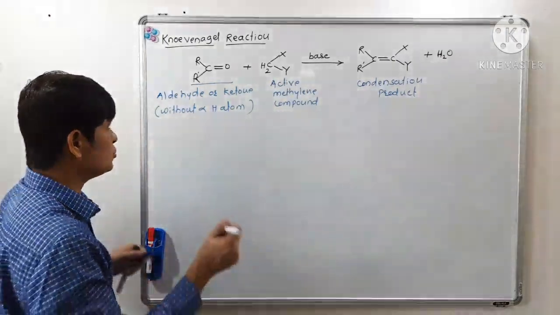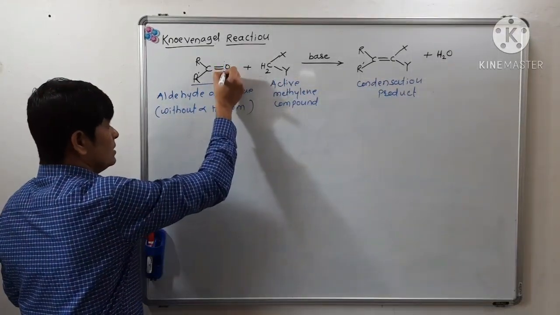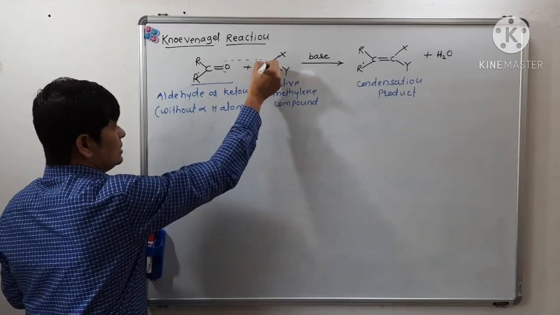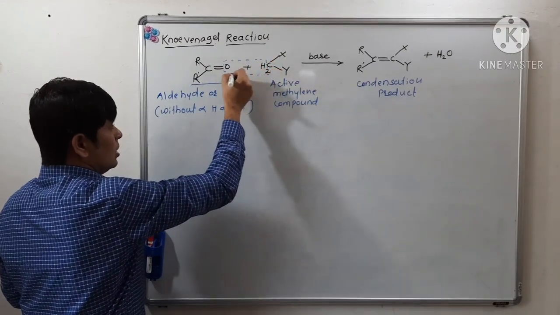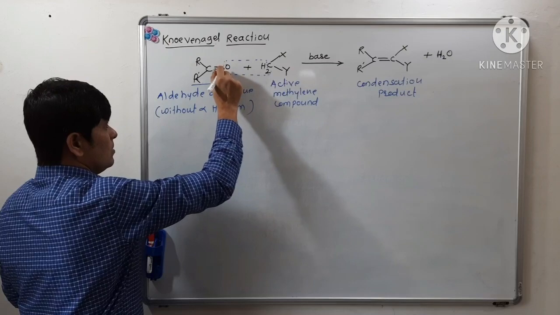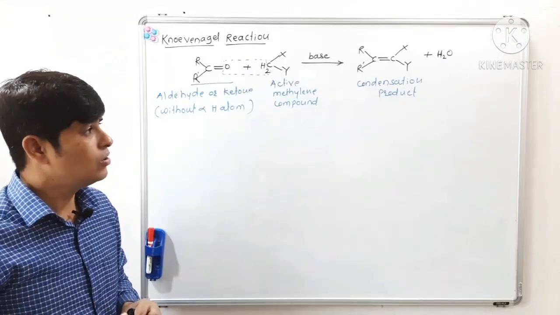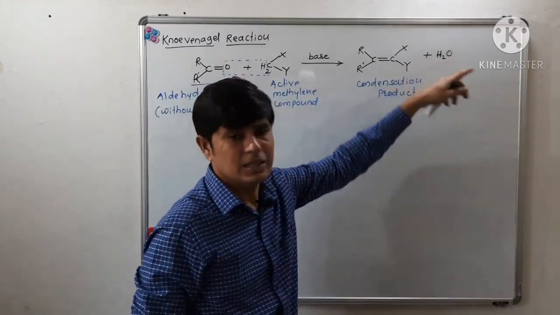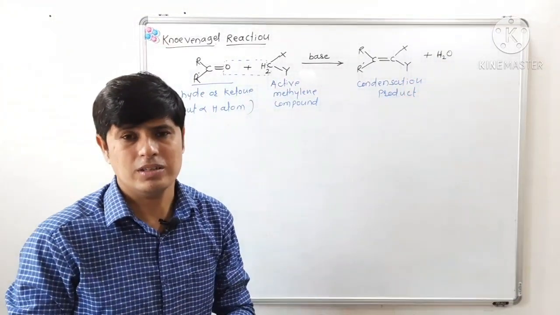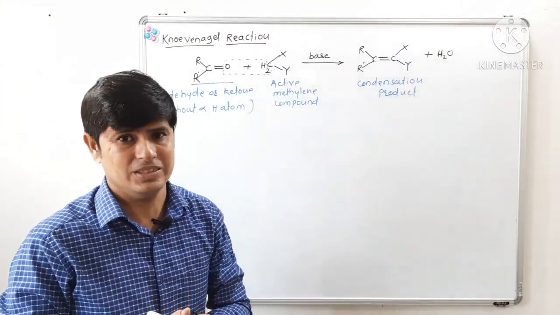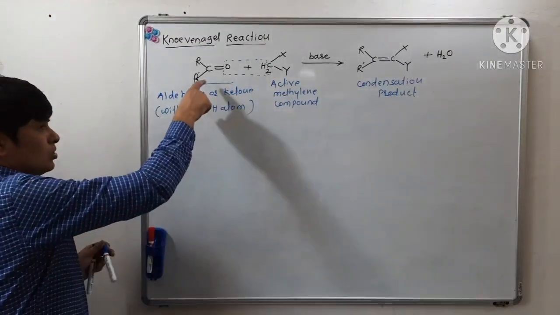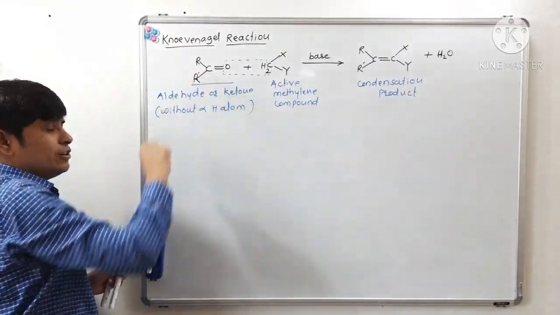Understood? So there will be a loss of this oxygen and these two hydrogen. That means there is loss of water molecule. Removal of water molecule. This is what a condensation reaction. So what kind of aldehyde or ketone can we take?